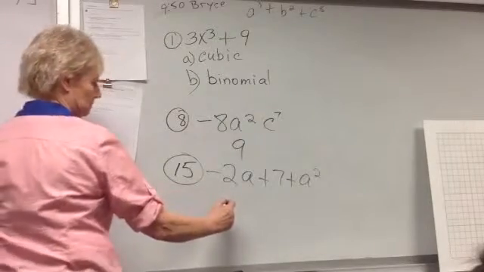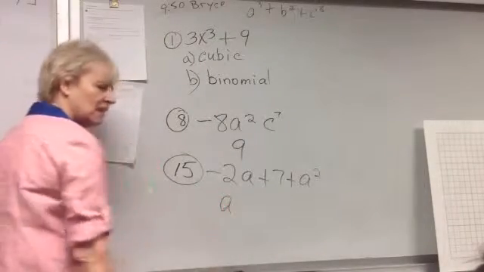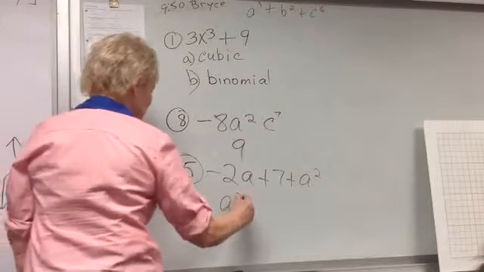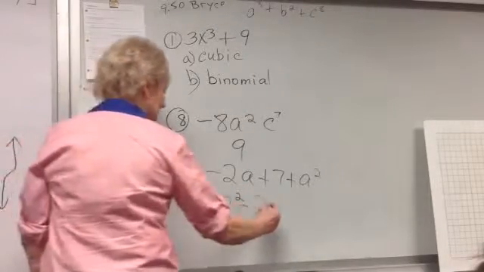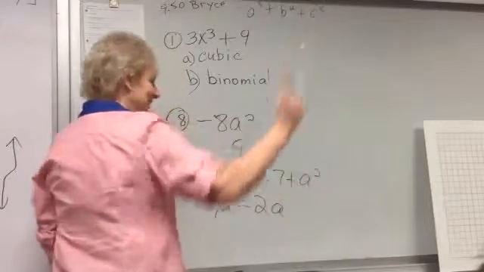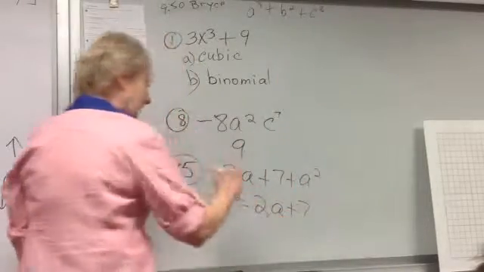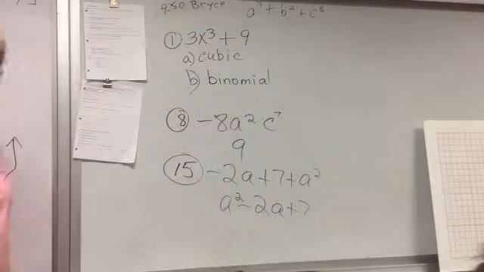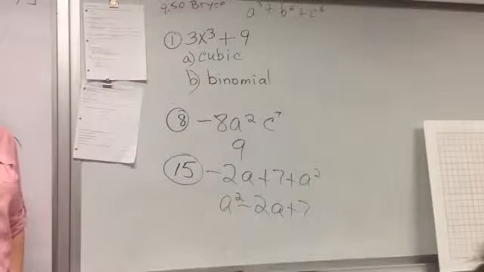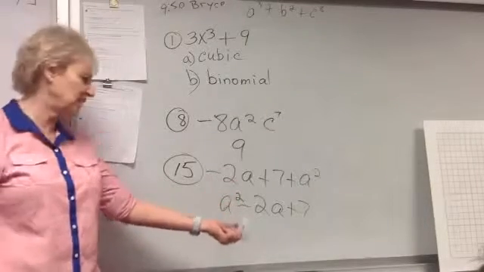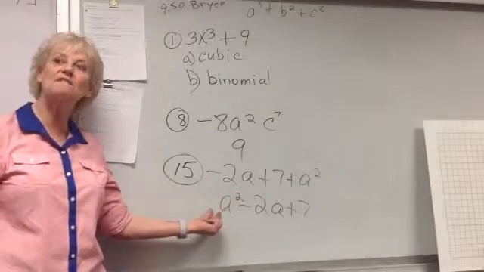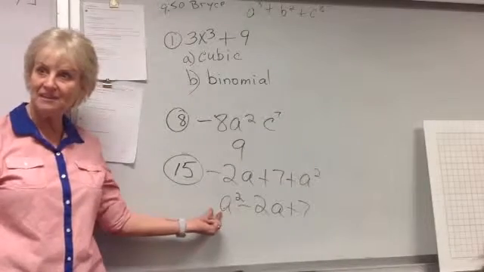Negative a squared minus 2a plus 7. And what's the leading coefficient? It's negative 1. A coefficient is the number in front of the first variable.